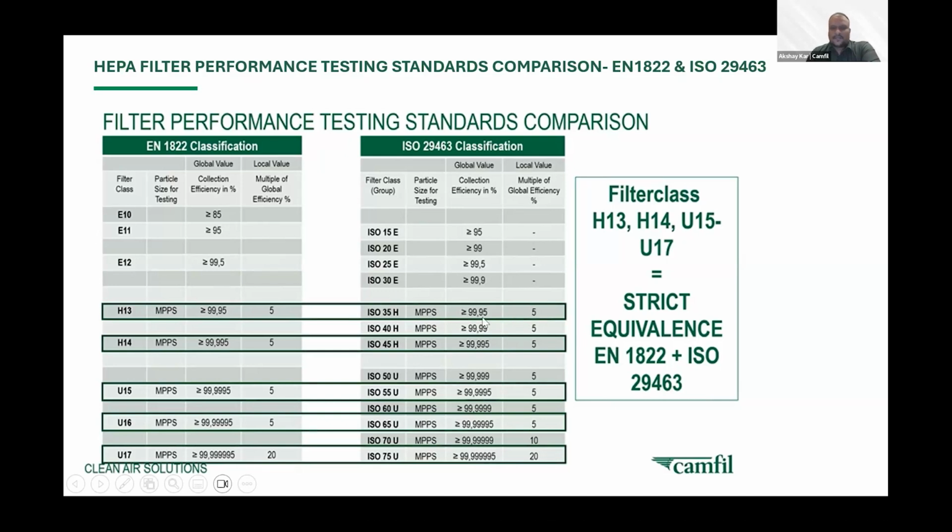In this case, if I calculate 5% of global efficiency related to this, it should be coming around 99.92. And the leakage factor which Camfil uses, the global efficiency local value which we use in our product, is 2, which is even better than the grade classified in the standard.